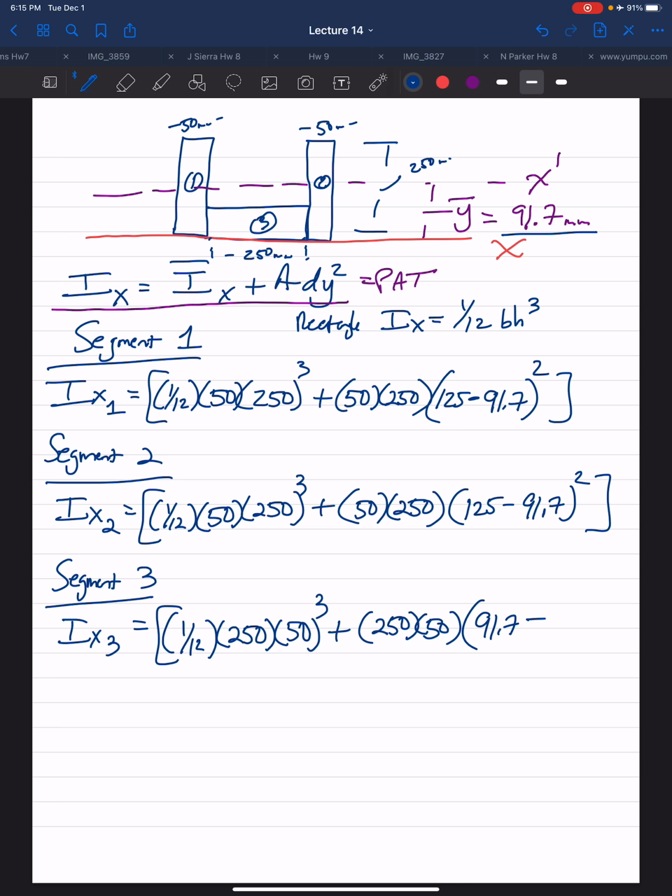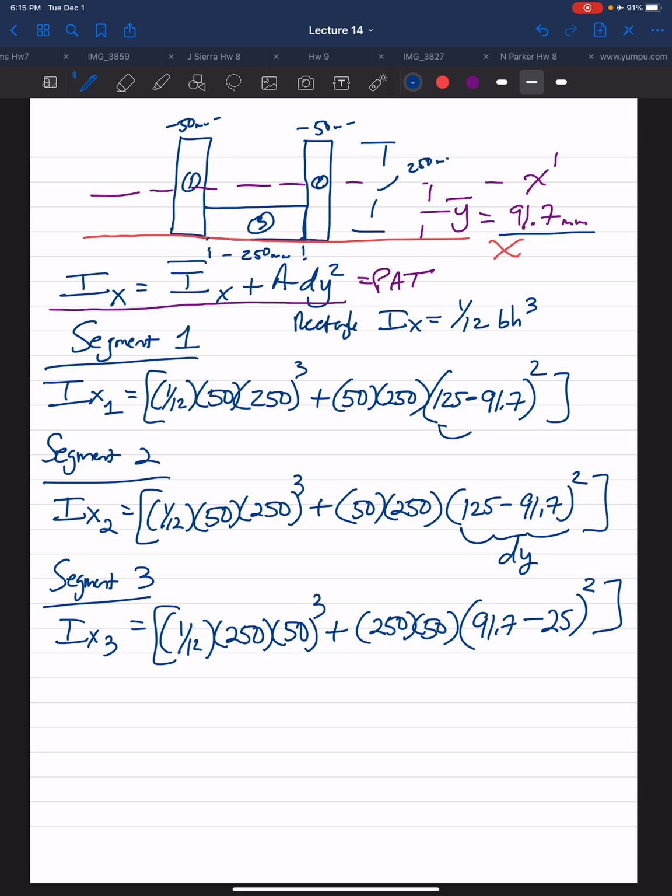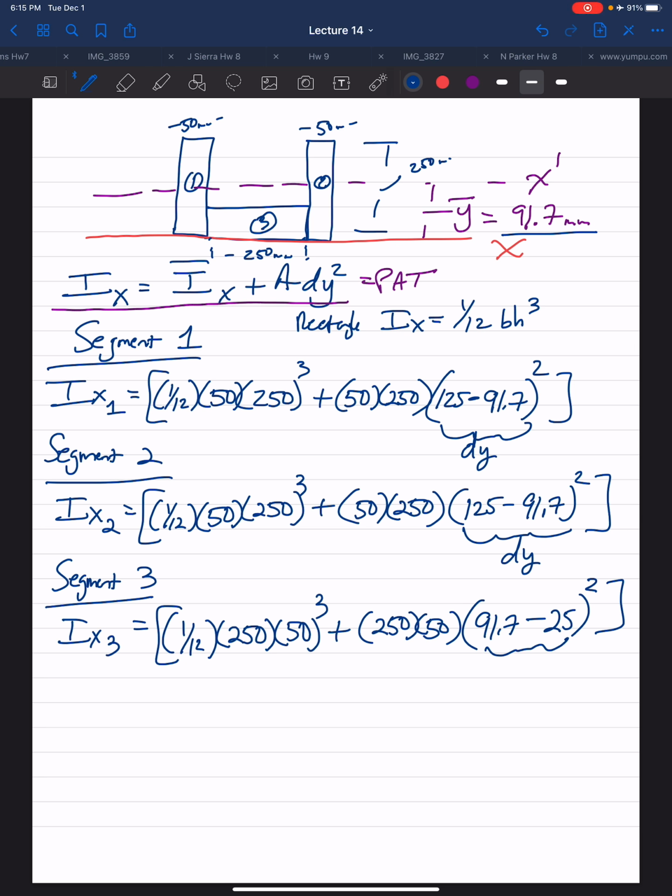And for the rectangle, once again, right in the center in the y direction, that centroid is located 50 over 2, which is 25 millimeters, squared. So this term is your dy. Let me write that a little bit clearer.